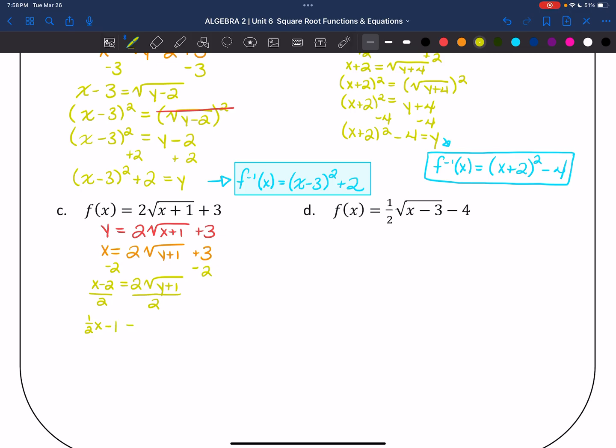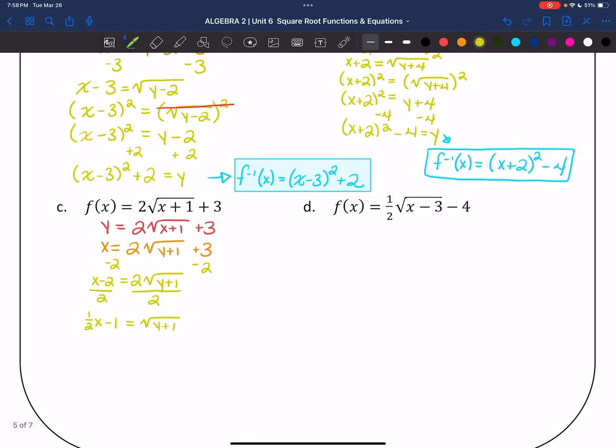And then the other side now is just our square root. All right. Good, good. You could also write this as x over 2, just like that. But I kind of like to put the coefficient out front.